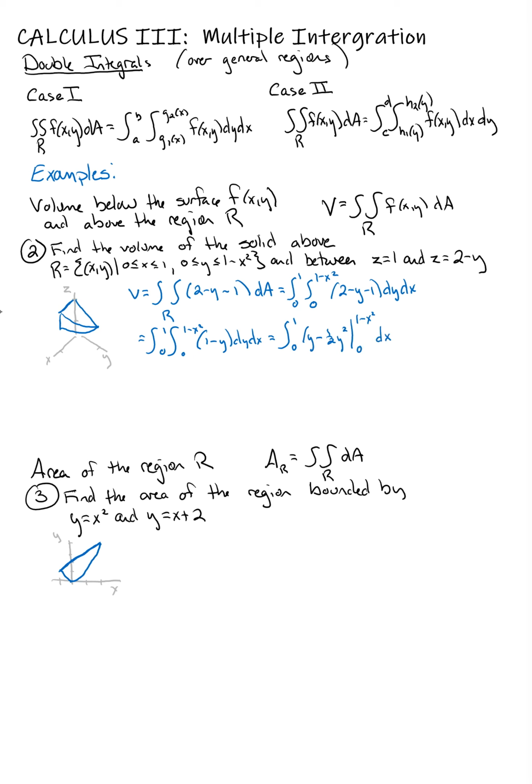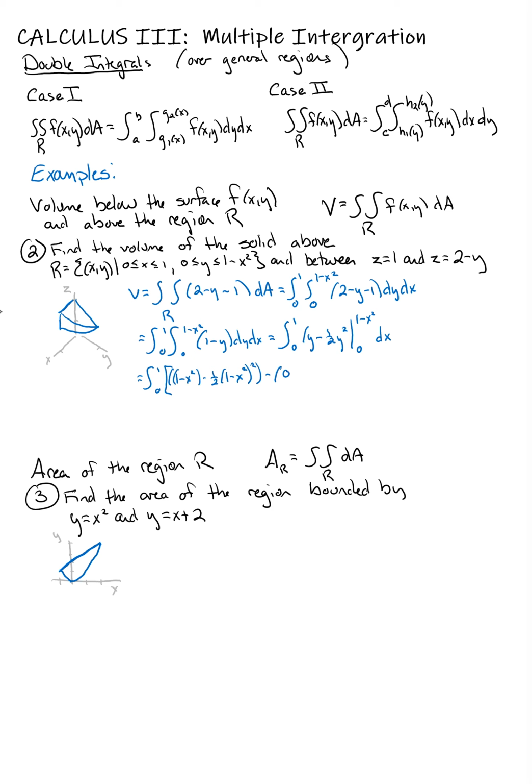And then we'll integrate again with respect to x. Simplifying this, evaluating from 0 to 1 minus x squared, that gives us 1 minus x squared minus 1/2 times the quantity 1 minus x squared, squared, minus all of that evaluated at 0.